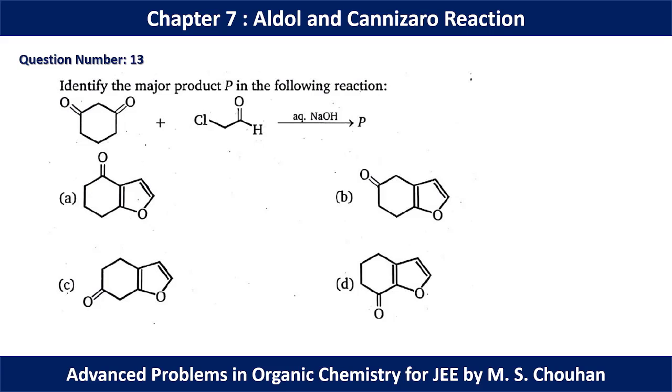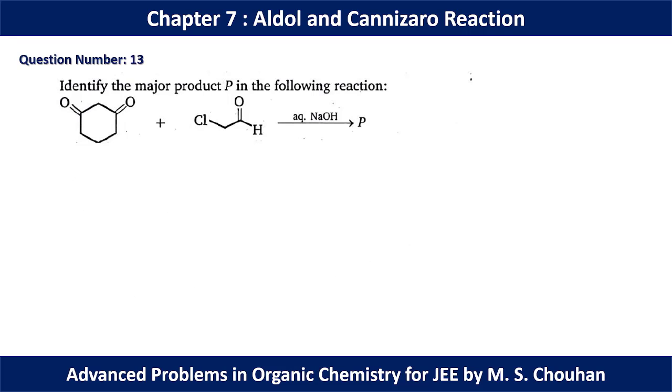In question number 13, we have two molecules and the medium is aqueous NaOH. Now we have to perform the proper reaction mechanism to have the final product. So in this case we can start with this molecule and we have two alpha hydrogens in this case. So if we use OH minus, this acidic hydrogen will be abstracted.